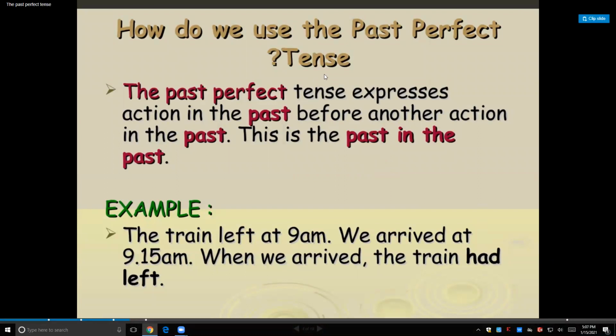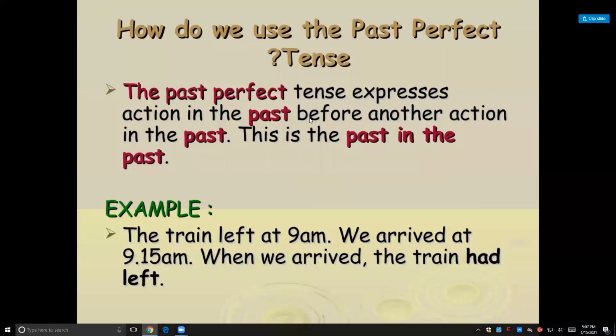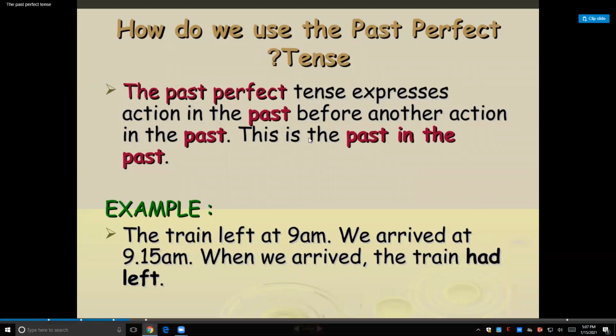Now, how do we use the past perfect tense? The past perfect tense expresses actions in the past before another action in the past, as I've just explained to you. This is the past in the past, or we can call it a remote past, okay? So in past perfect tense, it expresses action in the past before another action in the past.